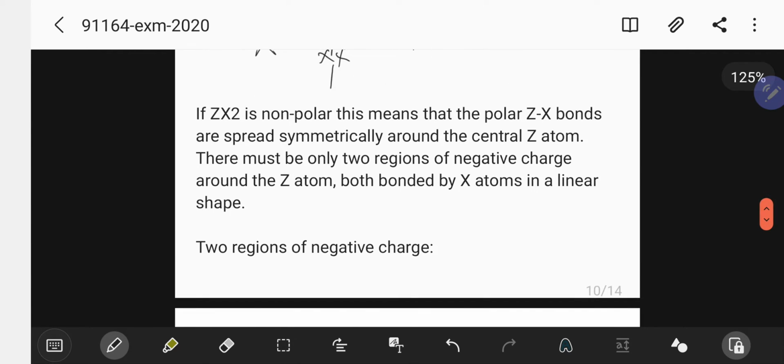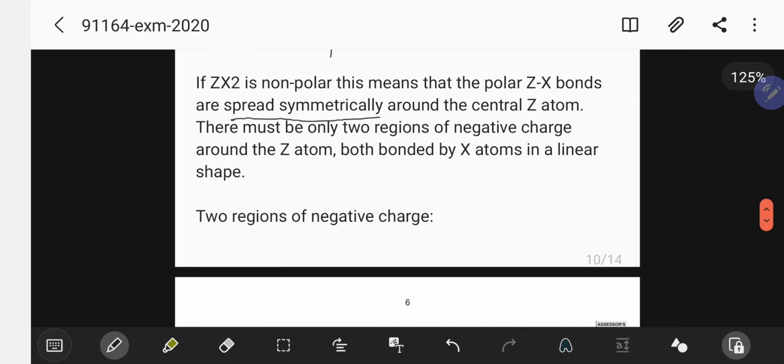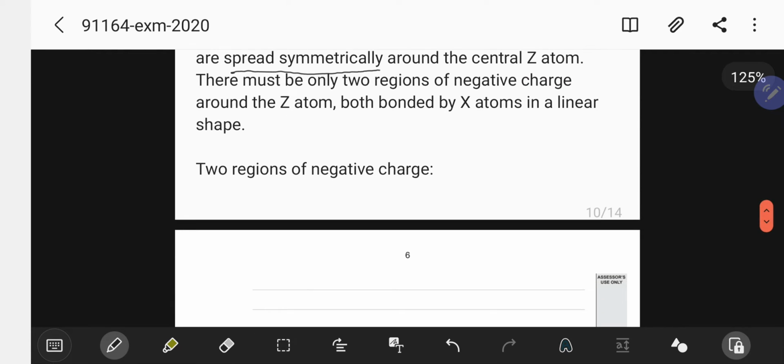So if ZX2 is non-polar, this means that the polar ZX bonds are spread symmetrically, so that means there are no lone pairs on the central atom, and it's symmetrical. So the molecular dipoles are going to cancel too. Around the central Z atom, there must be only 2 regions of negative charge, both bonded by X atoms in a linear shape.